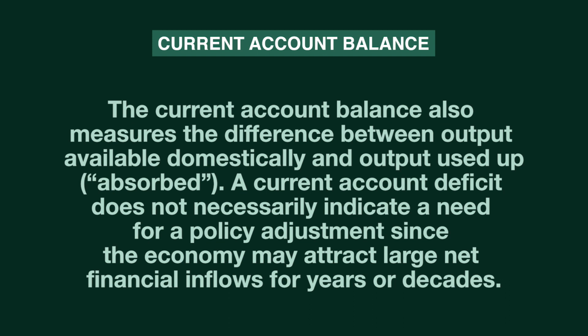A current account deficit in the short run or for a particular period of time may not be a big problem, but a stagnant and long-term deficit in the current account may be an indicator of a sustainability issue for the economy in the medium or long term.